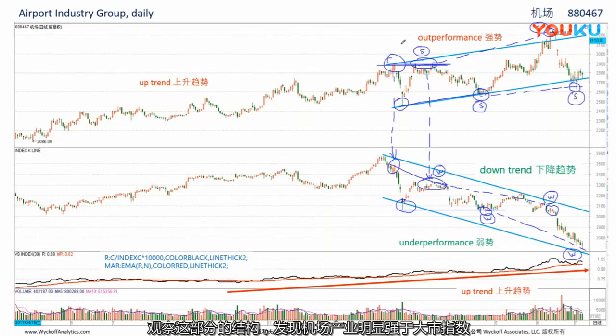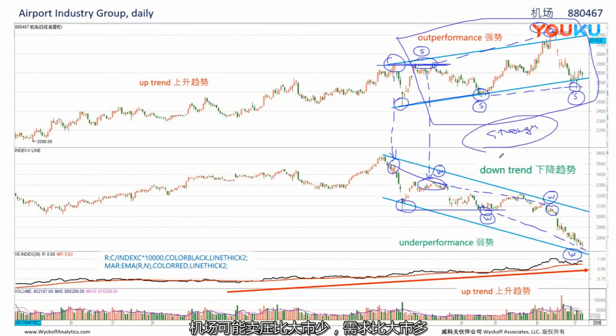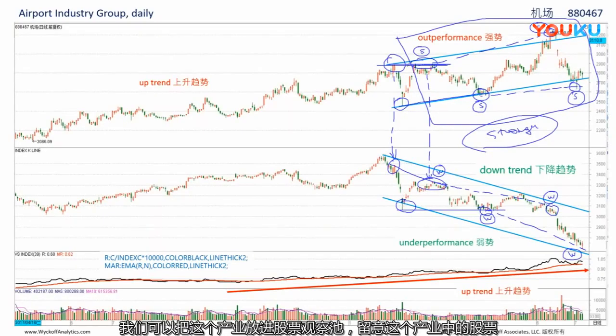So throughout this whole structure, we've seen that the airport group is much stronger. It doesn't attract more selling than the market, and it might also attract some of the buying. And therefore, we definitely want to put this on our watch list.